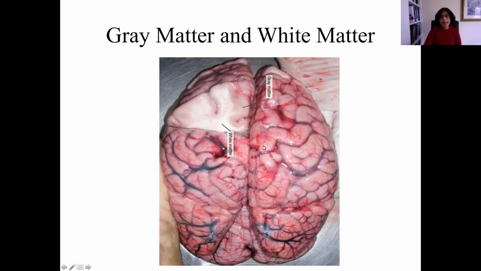The brain is where you have the main part, the cerebrum, that is shown here. In here, you see the surface being gray matter. This portion here is all gray matter. The deeper part is white matter.